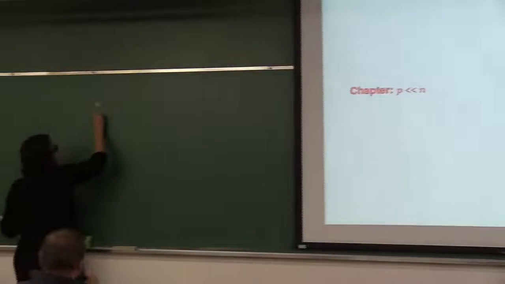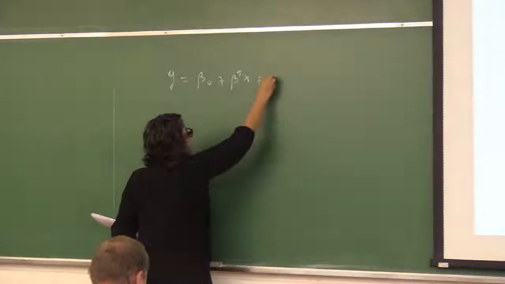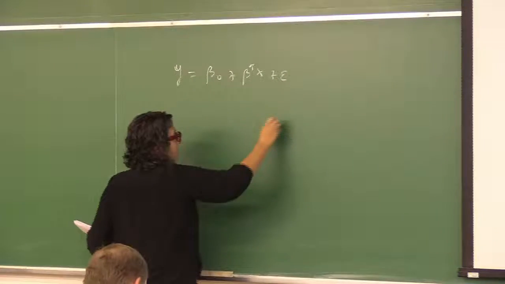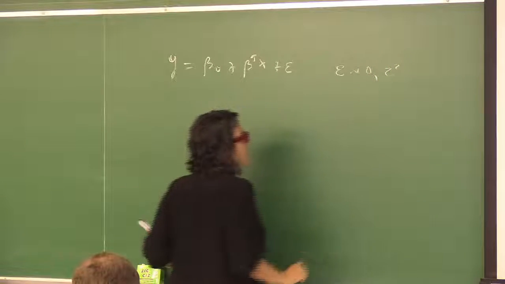I want to put in context. I know that this is trivial, but just to have everybody, we have the linear model, and we assume this is an error that has mean 0 and variance tau square.